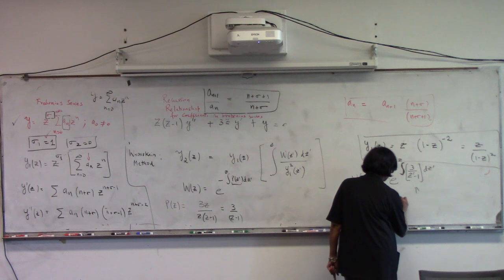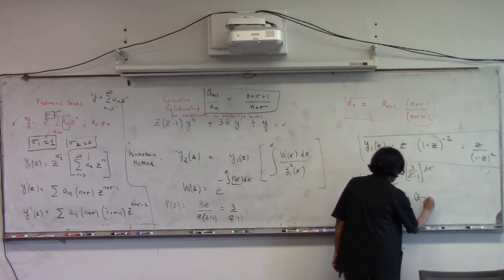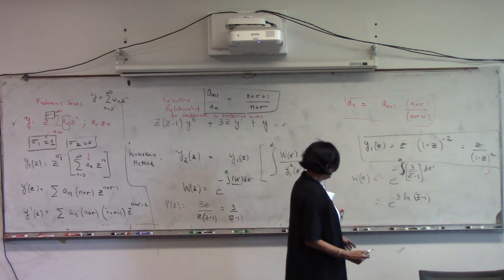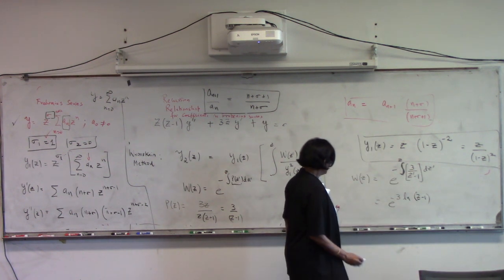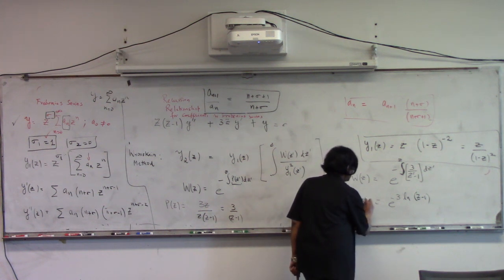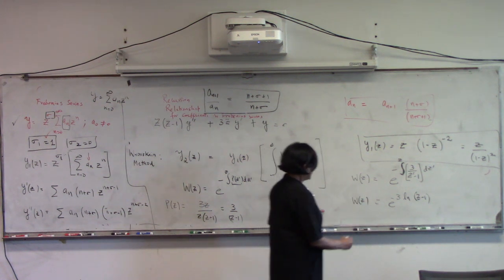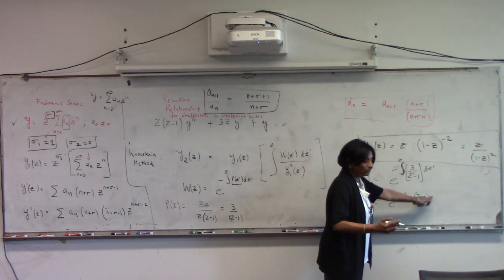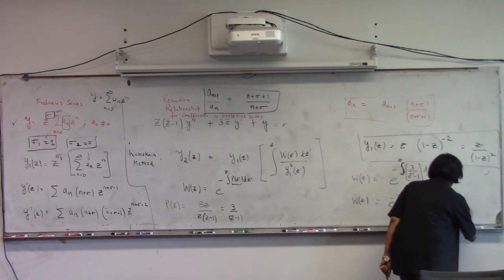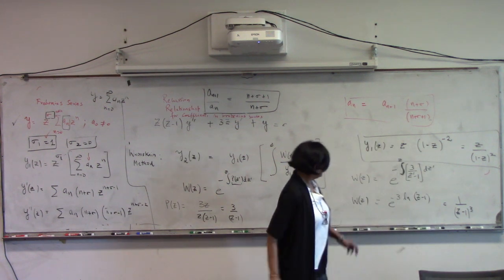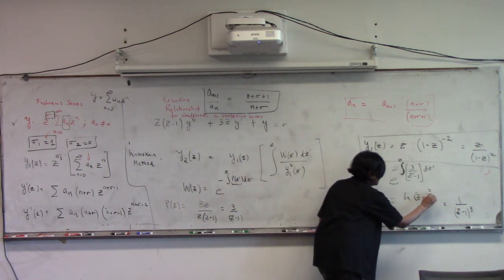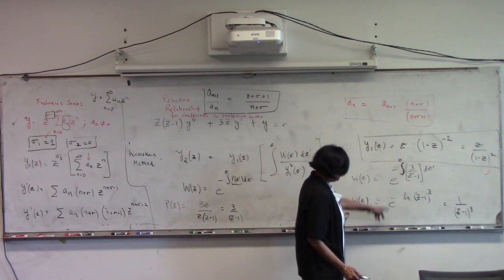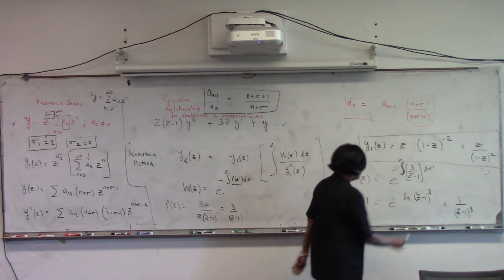Exponential of minus 3 natural log of z minus 1. Is it right? 1 over z is natural log of z. And how can I write this expression further simplified? It's just z minus 1 to the power minus 3, so it is 1 over z minus 1 whole cubed. Is this clear? Because of the negative sign, it goes in the denominator.